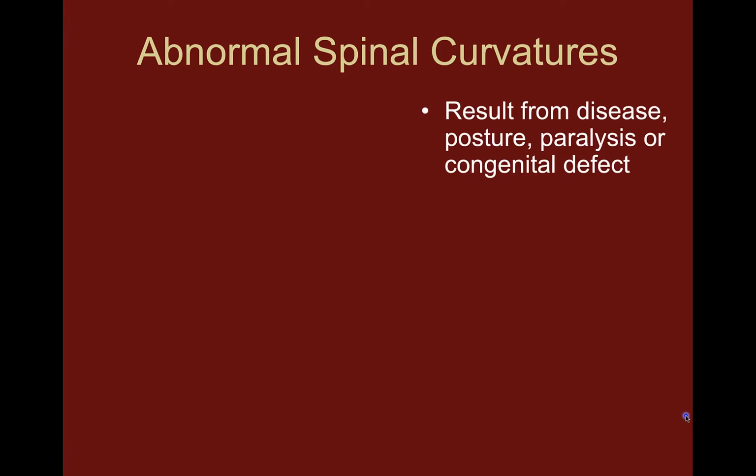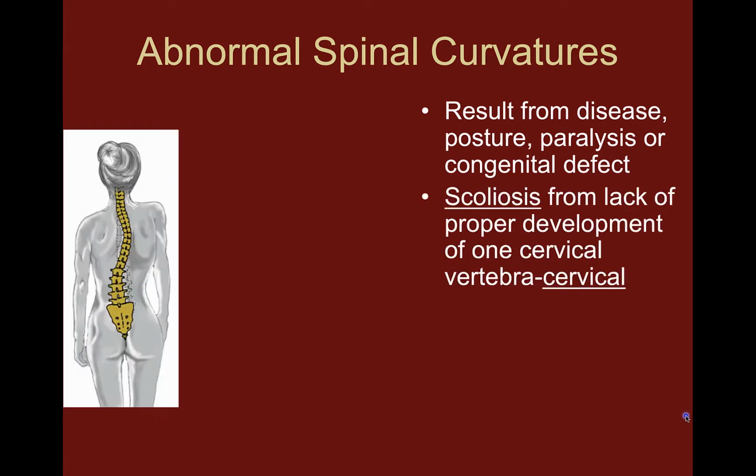Now, there are some abnormal spinal curvatures we should look at, and these can result from disease, bad posture, paralysis, or some kind of birth defect. You've probably been tested for scoliosis, and this comes generally from a lack of the proper development of a cervical vertebrae.